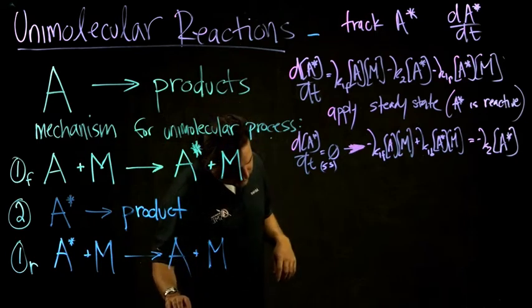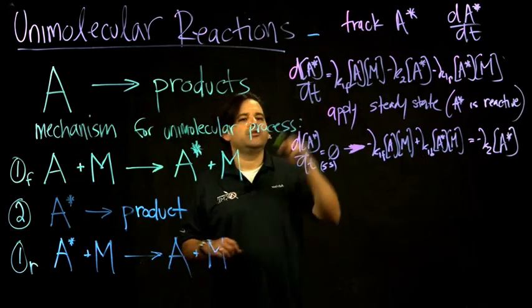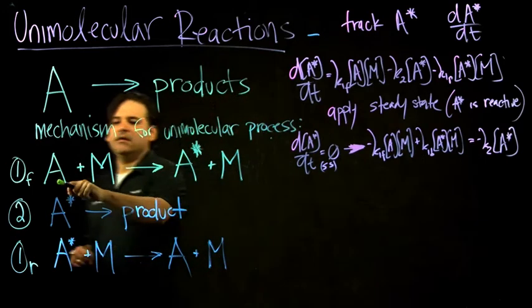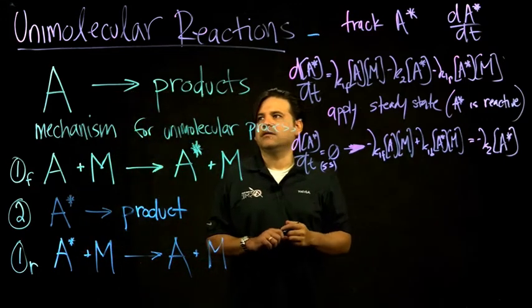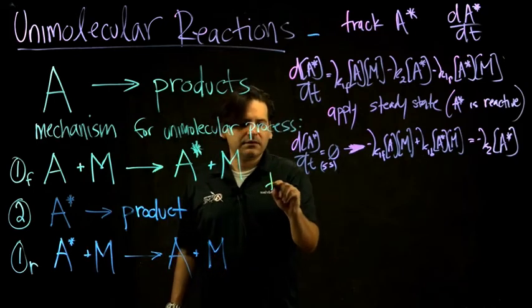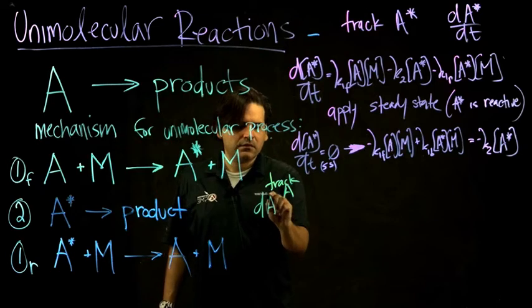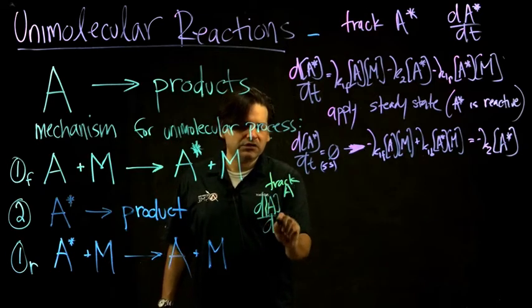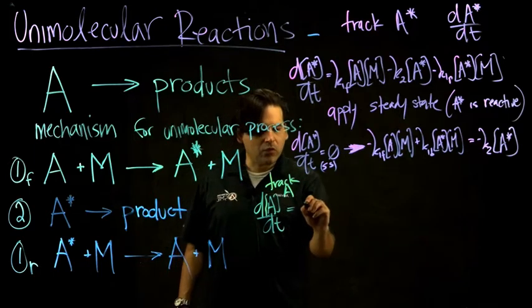Now we can use this in our analysis of A to see if that helps us understand what's happening to A. So if we were to track A, the change in concentration of A with time depends on the forward reaction, where it gets consumed.